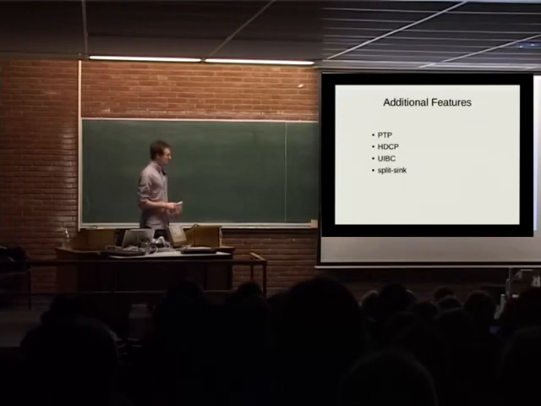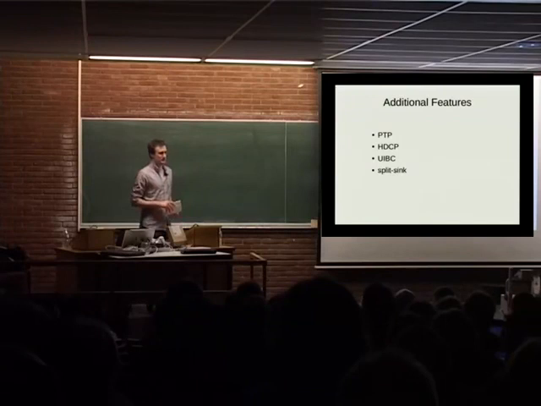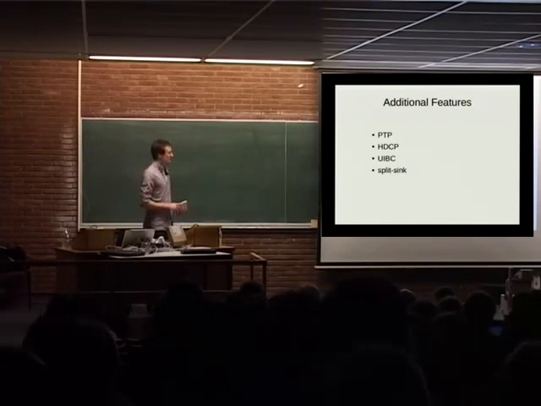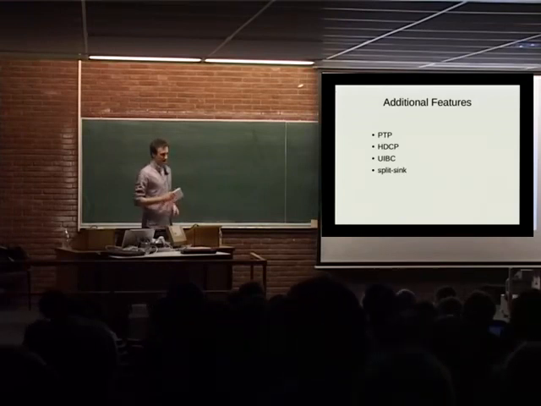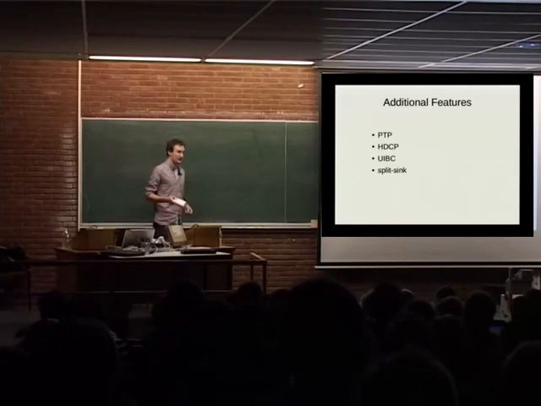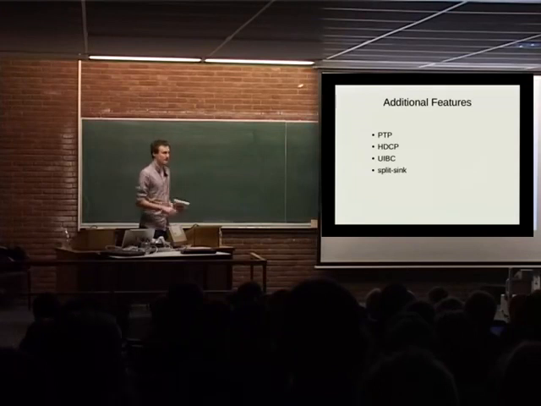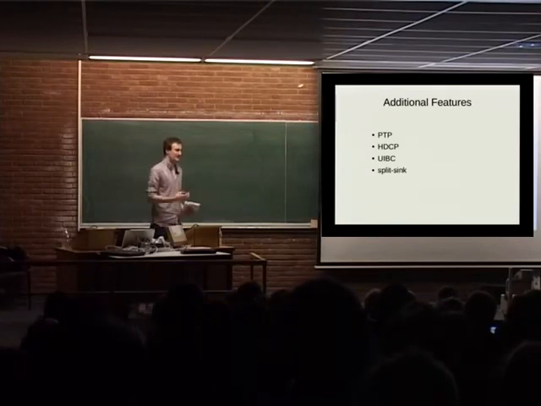But that's optional too. And then there's HDCP, which is a DRM protection. I won't implement that. And there's UIBC, which allows the sink to actually transmit input data back to the source. So you can have a touchscreen on your TV, and you transmit video data, and you touch your TV, and actually can interact.